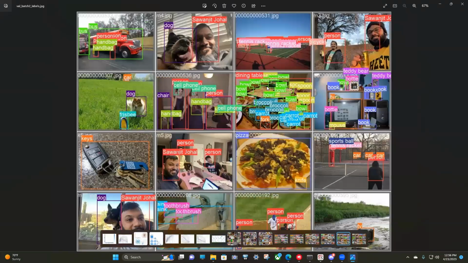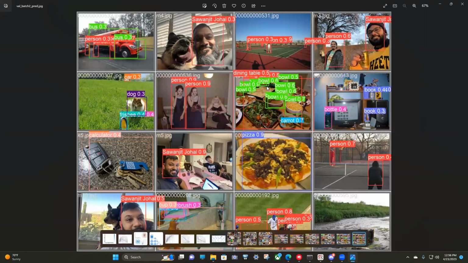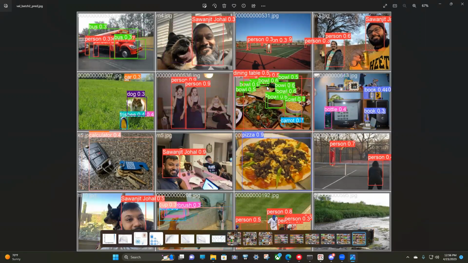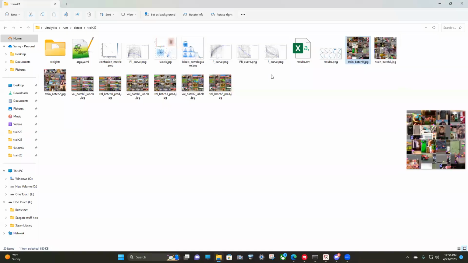There you go. This is my stuff, around 200. It didn't really predict the keys accurately, and it couldn't find my dog, so it left some stuff out. So I guess 400 epochs is a good number. So I got it working.